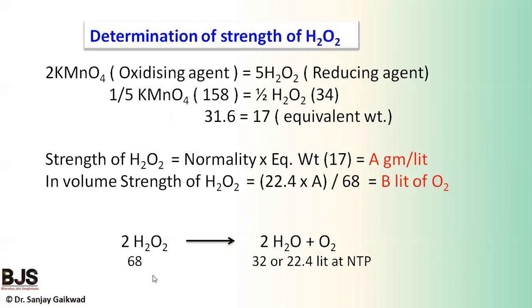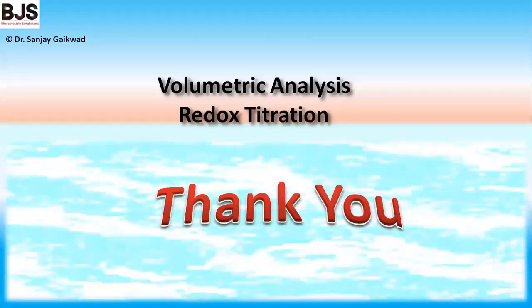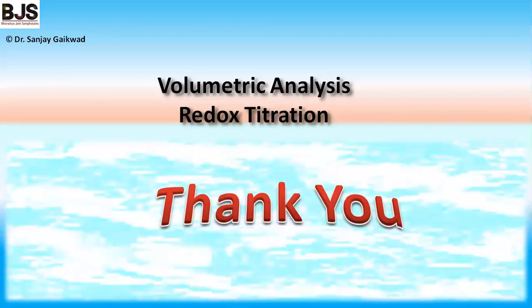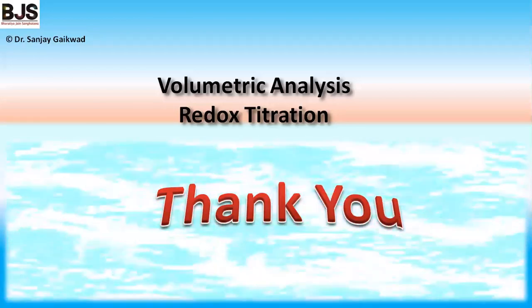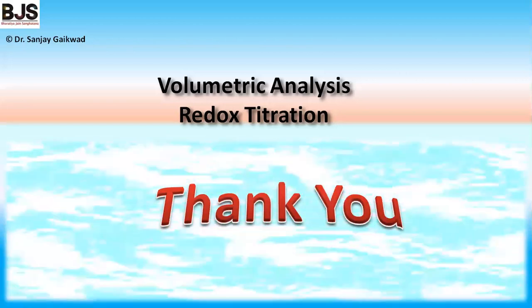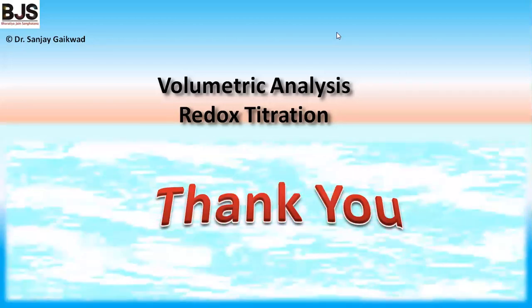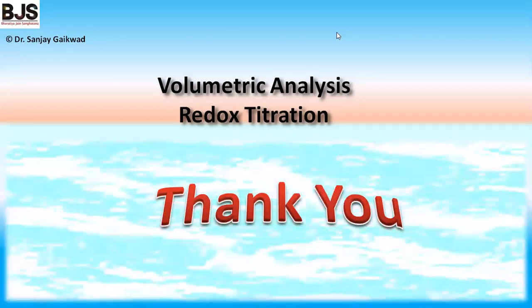Now 68 is the equivalent weight and 32 or 22.4 liters at NTP, and therefore this 22.4 we have to multiply with this gram, then we can calculate the strength of H2O2 in terms of volume. Now in this way we observe the volumetric analysis, the redox titration and oxidation reduction titrations. Thank you.